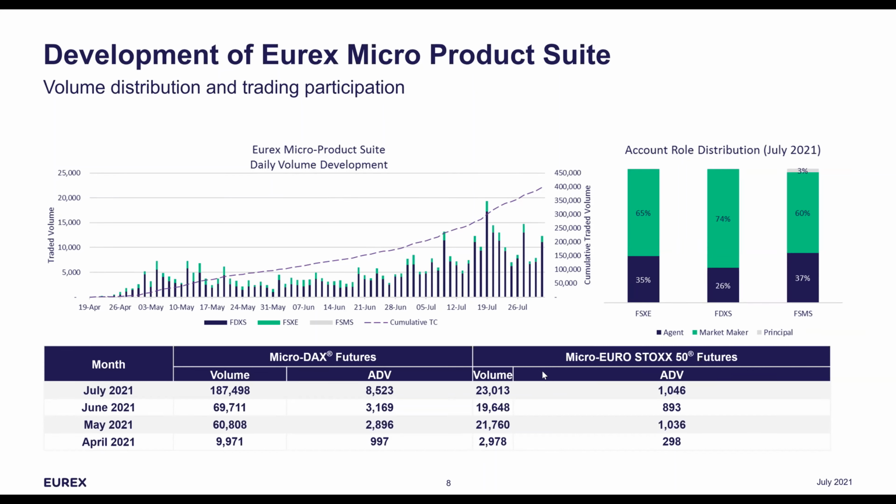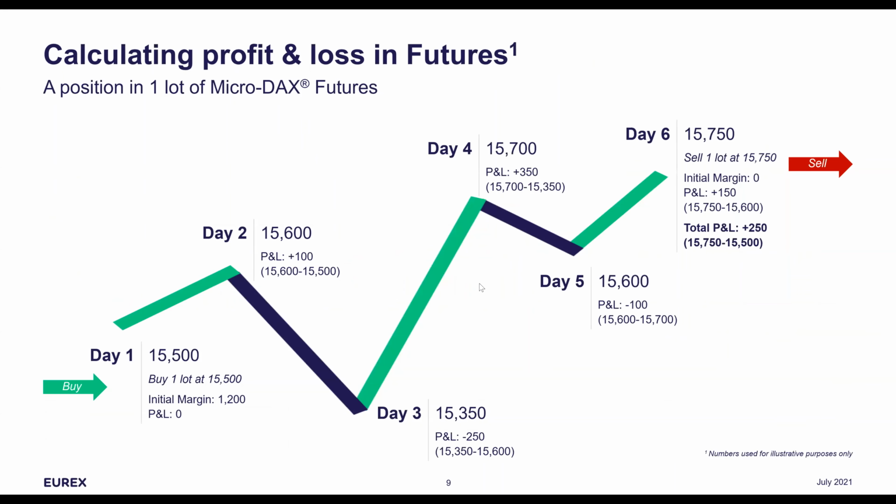On the next slide, I'm bringing an example of how the price is changing. I mean, this is the logic of a futures product. When you buy or sell, you're either speculating that the price goes up or that the price goes down. And how does this work?